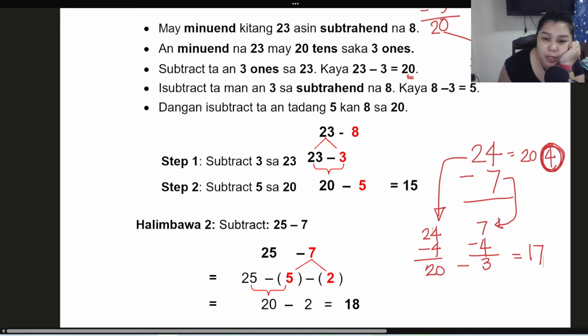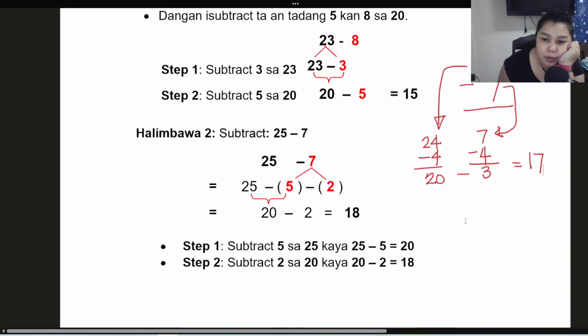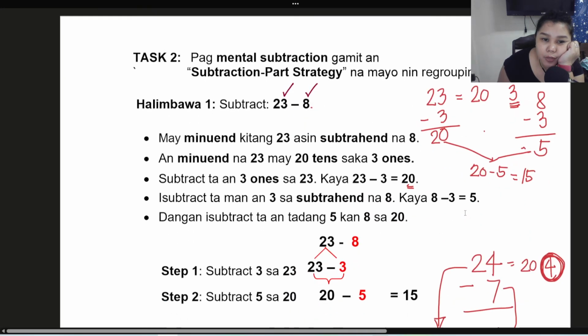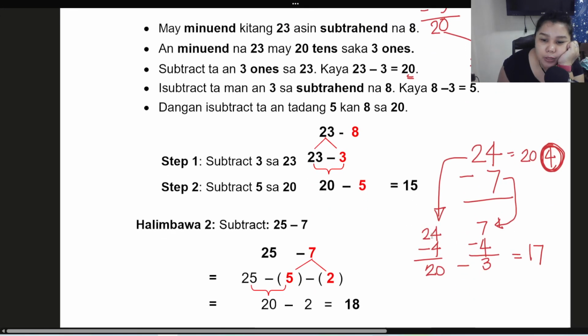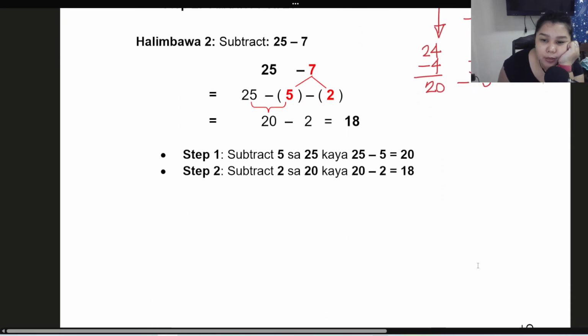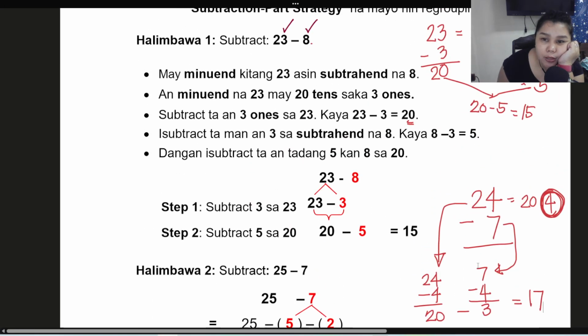Okay. So, that's it for this one using the subtraction part strategy. Or simply pwede mong palan, maski di ka na mag-deduct. So, 20 na siya. Ito na, 20. Tapos, yung subtrahend will be deducted with the same, yung ones naman. So, that is for technique number 2.